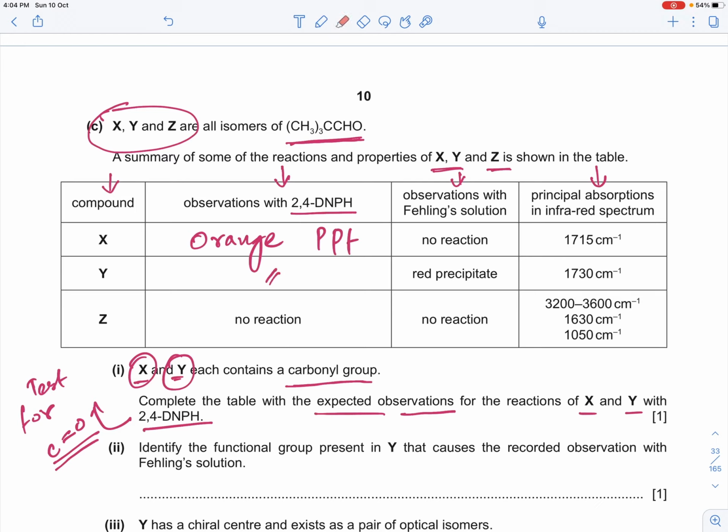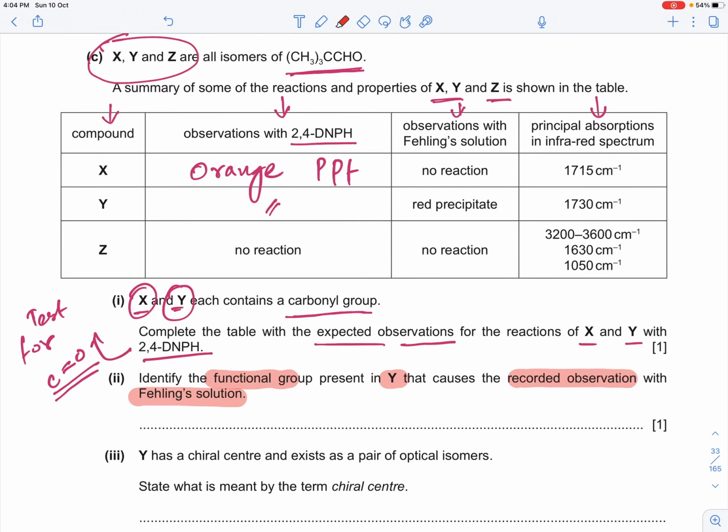Identify the functional group present in Y that causes the recorded observation with Fehling solution. Now X and Y both have a carbonyl group. That means X and Y are either aldehydes or ketones. For further confirmation of whether we have an aldehyde or ketone, we react the carbonyl substance with either Fehling solution or with Tollens reagent.